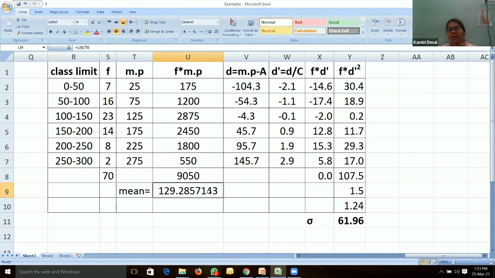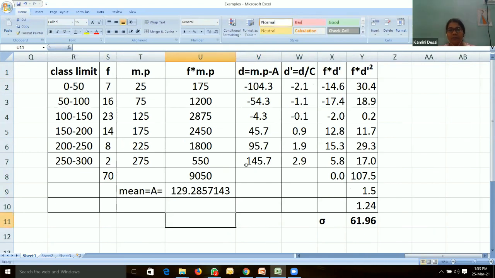Now from that, midpoint minus a, where a is the arithmetic mean, that is 129.28. This is, you can say, the average.